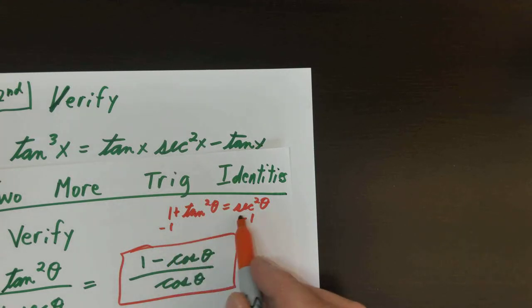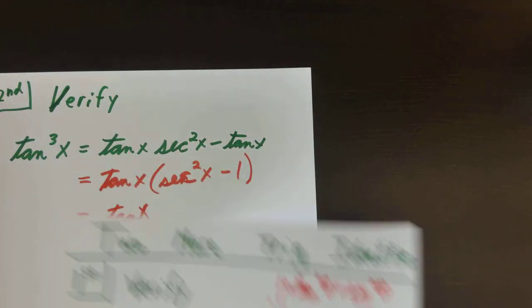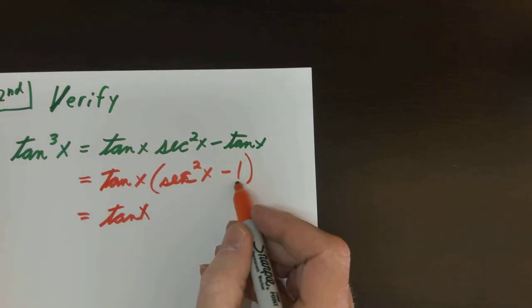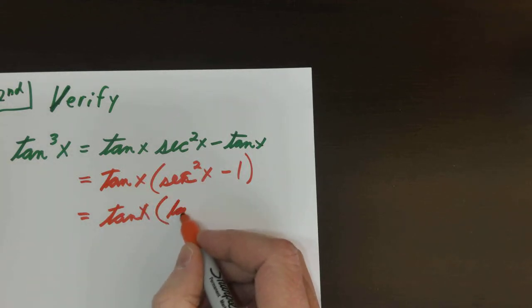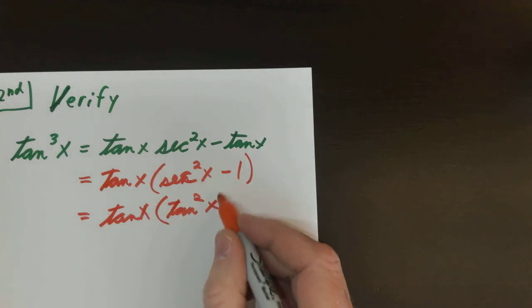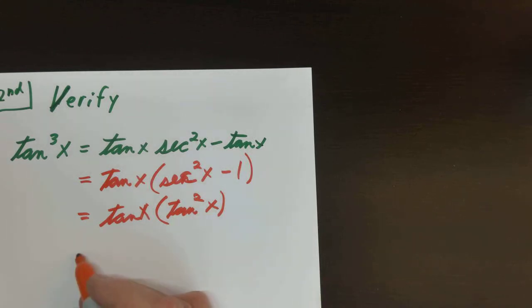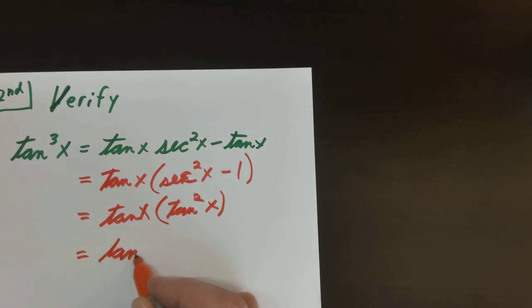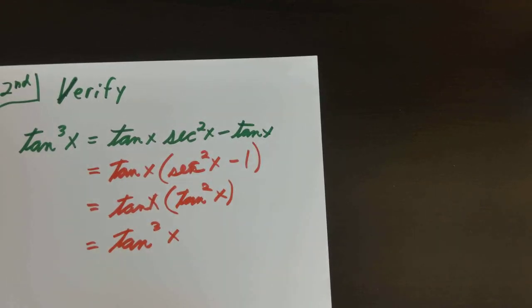If I subtract 1, that's equal to tangent squared theta from that identity. So this is equal to tangent squared of x. Tangent of x times tangent squared of x is tangent cubed of x. And by golly, we have an identity.